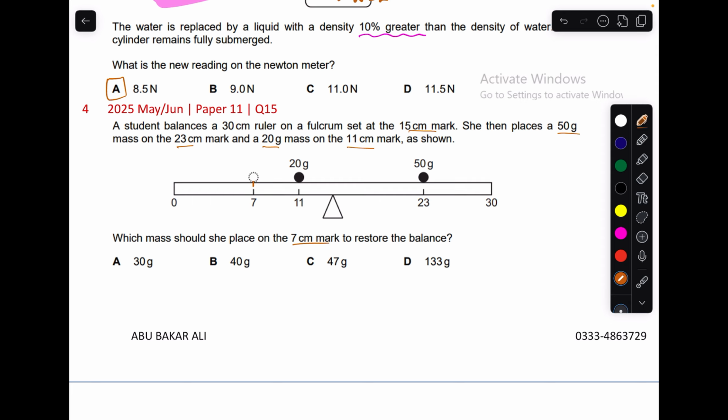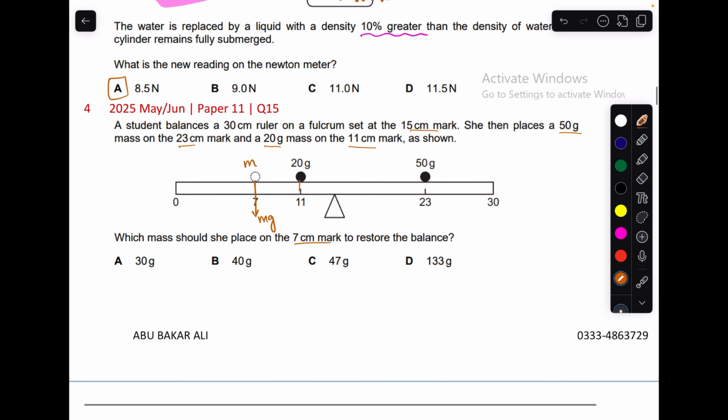First you have to see how many forces are acting. One force will be acting because of this mass, let's call it M. So it will be exerting force mg. One force will be because of this mass, it will be 20g.